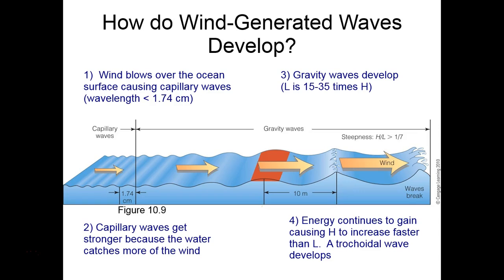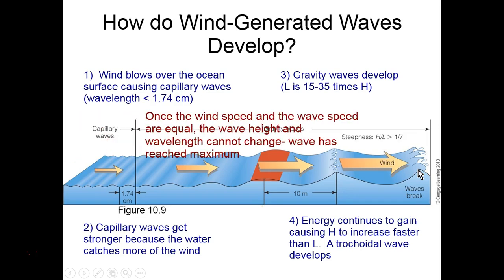And you have what's called a trochoidal wave developing. That's a wave that basically has a point at the top and the trough tends to be smooth and rounded, but the crest is pointed. Okay, now eventually, once the wind speed and the wave speed are equal, the wave height and the wavelength cannot change, and the wave has reached its maximum height and wavelength.